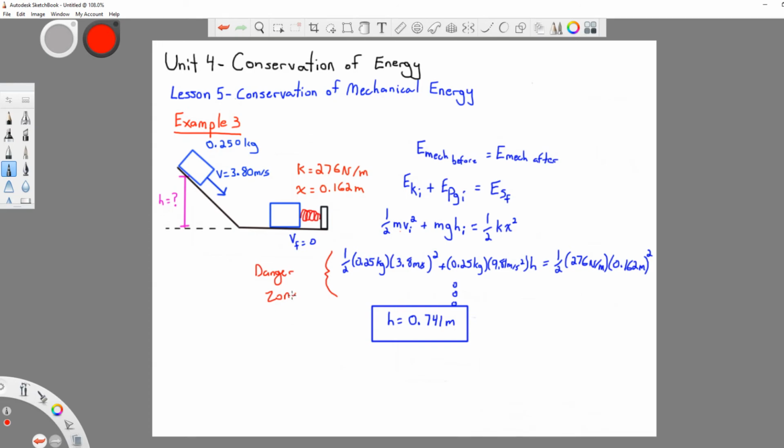So if you ever have time left on the end of your exam, go through, redo these calculations, these big algebra sets. It's very common. I take small marks off all the time for people just having calculator errors. So with that said, that is the last example, example 3 in conservation of mechanical energy.